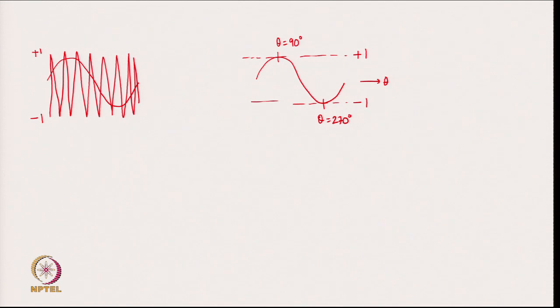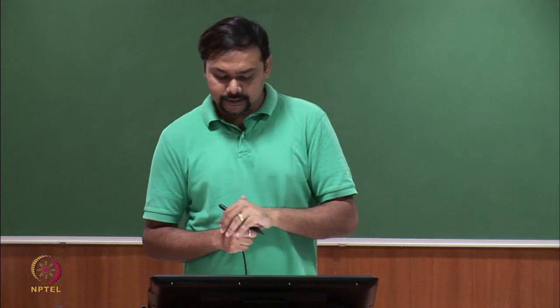If you analyze this carefully, you will see that as the amplitude of the sine wave increases and becomes equal to 1, the sine wave touches the +1 and -1 ceiling heights only at theta equal to 90 degrees and 270 degrees.